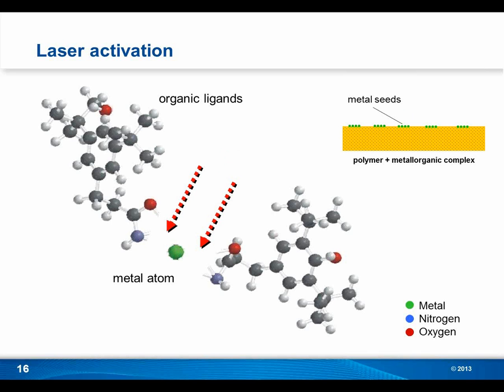So again, if you look on the upper right side of the screen, you see that plastic material with the catalyst throughout the material, and then you see these green dots on the surface, which represent our activated areas. Those are the areas where we cracked open the packaging of the catalyst, and that's where we plate, in no other area, which makes it pretty attractive. We can plate in only certain areas, and it's not a function of the molding at all anymore.